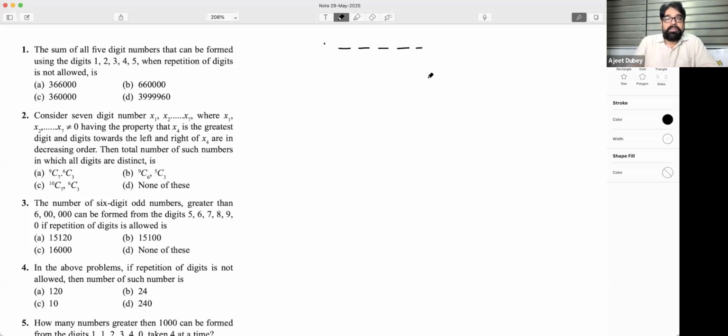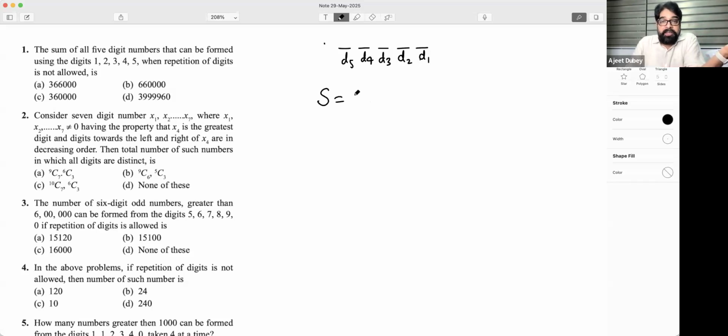So we have to find the sum of the 5-digit numbers. Suppose for the unit place the summation is D1, and for the tenth place D2, then D3, D4, D5. This is the summation. D1 is the sum of all the unit place numbers. So the sum of the numbers will be D1 into 1 plus D2 into 10 plus D3 into 100 plus D4 into 1000 plus D5 into 10,000.